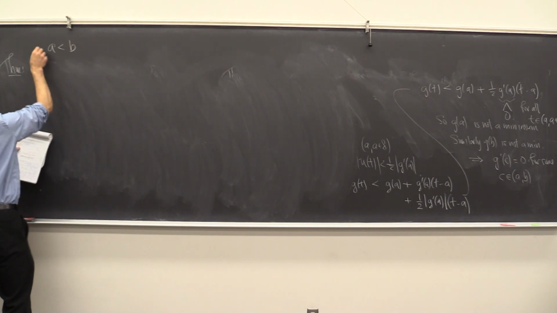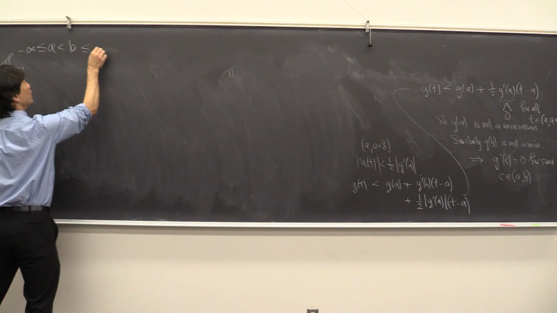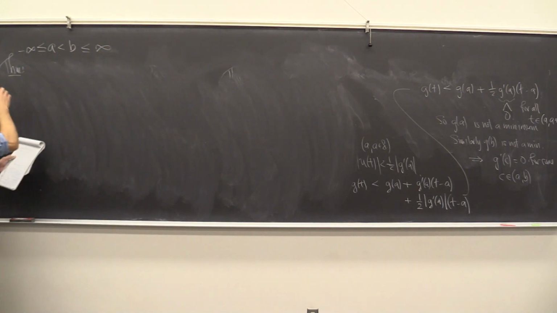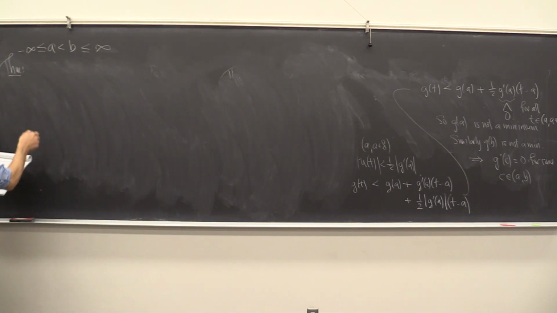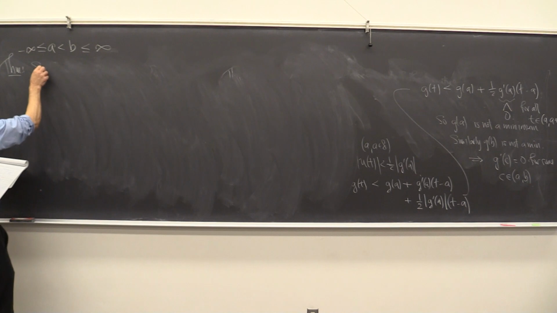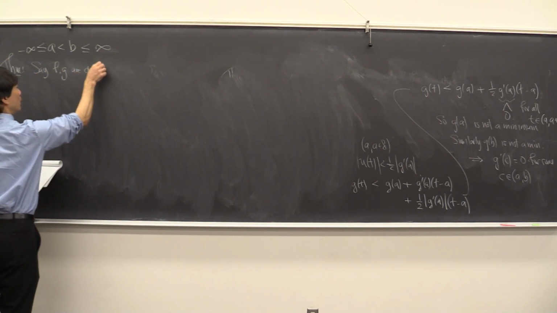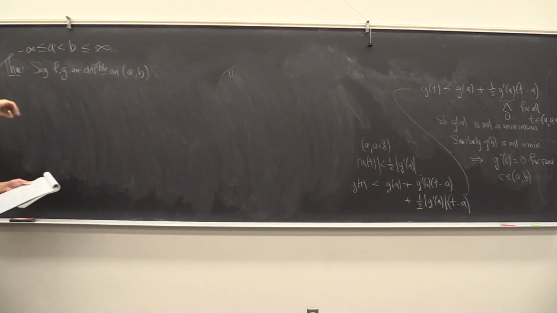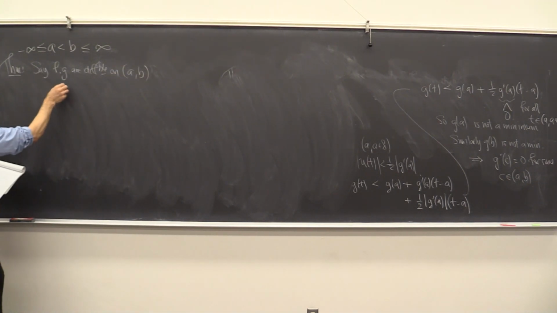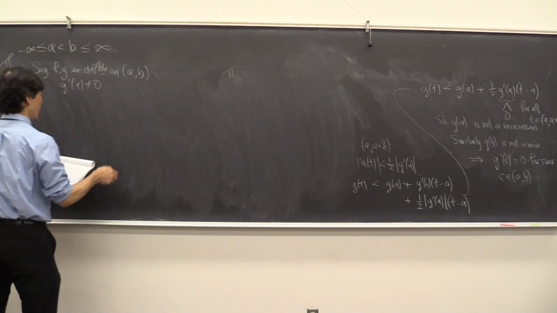You have 2 points a and b, which are points on the extended real line, so they could be negative infinity and positive infinity. Suppose that f and g are differentiable on the interval (a, b), which could be the whole line, and g prime is never 0 on that interval.